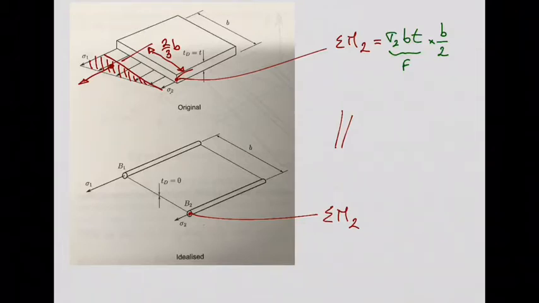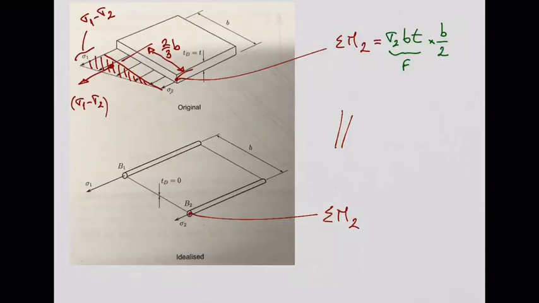Now this force, so I need to get the area of this triangle. So I need to get this height, which is sigma 1 minus sigma 2. Agree? So sigma 1 minus sigma 2 is this height.